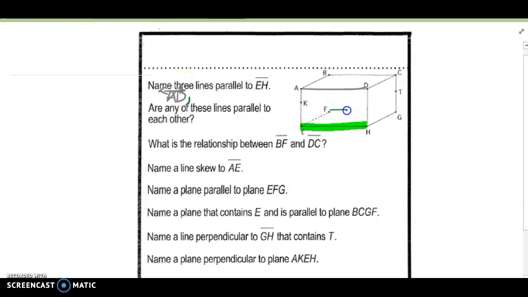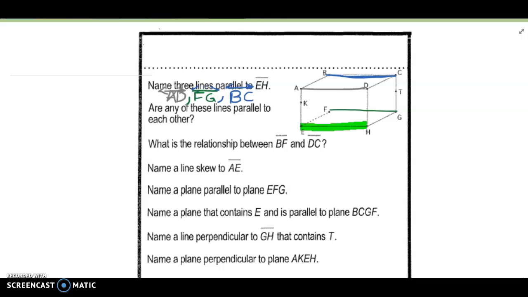What about this line back here, FG? Okay, so think if we were to talk about this plane here, right? They are on the same plane, this one highlighted, but they would never intersect. So that would mean they're parallel to each other. And this one seems kind of odd, but an answer to this would also be BC.